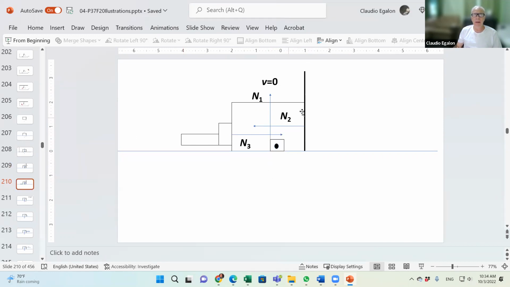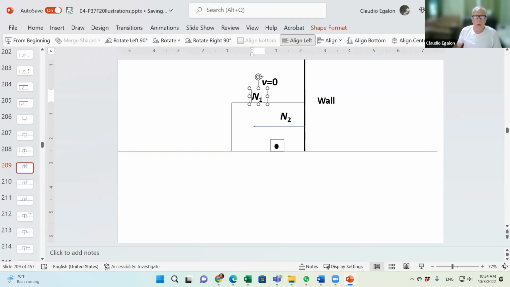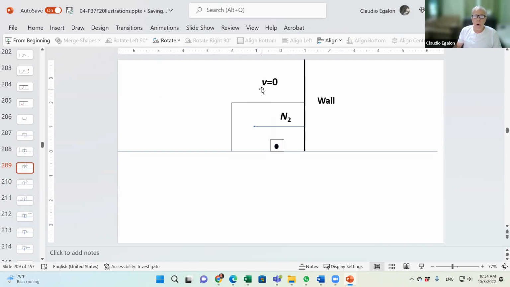So here in this specific case, the object is at rest. We know that there is a normal force N2 applying in the horizontal direction on the object. One possible problem: find all possible forces that this object is subjected to.